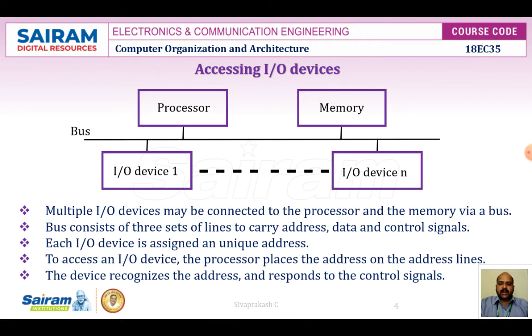Multiple IO devices, such as a keyboard or a scanner, may be connected to a particular computer. To access these IO devices, the processor places an address on the address line. The device recognizes the address and responds to the particular control signal, and in such a way it does its process.